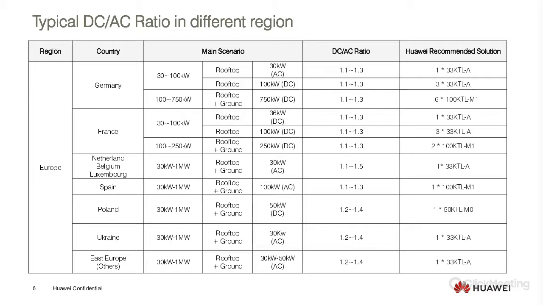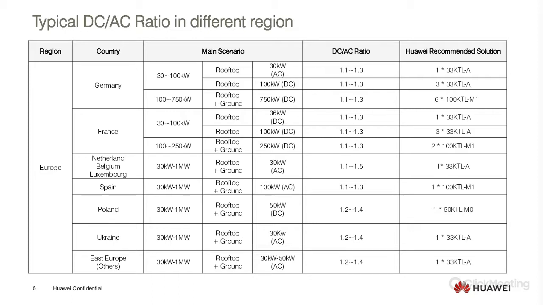So here for Germany, you can see a 1.1 to 1.3 oversizing ratio, and that can be extracted, for example, a 750 kilowatt system, where you would have 6 of the 100 KTL M1 inverters installed, and that would then provide you a DC capacity of around 750 kilowatts DC.